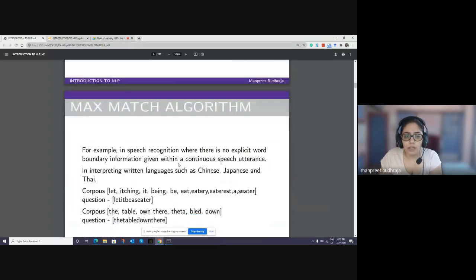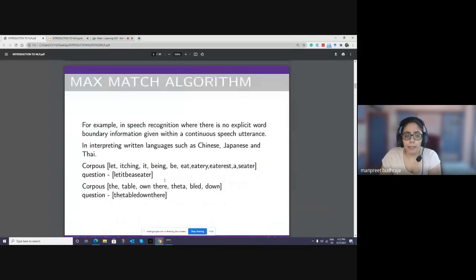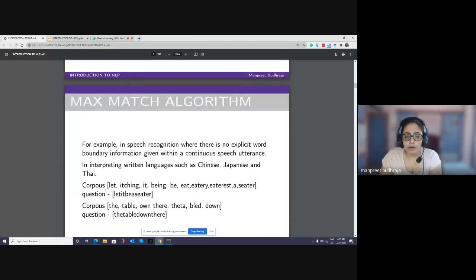Now, for example, now that you have this corpus: eat, eatery, eatrest, a seater, and now you have this question: "Let it be a seater." So what would it be now? Anybody?